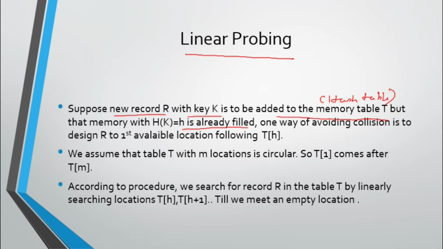One way of avoiding collision is to assign R to the first available location following T of H. So if 2 is filled, you put it into the next available location, 3. If 3 is also filled, you put it in 4. That is how it goes, and that is called linear probing.